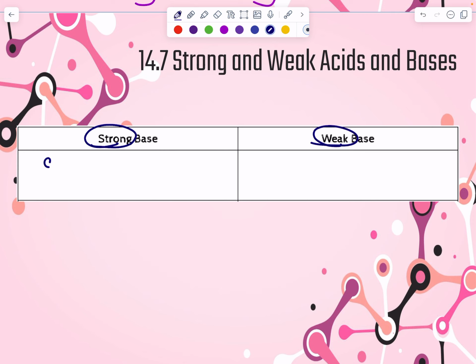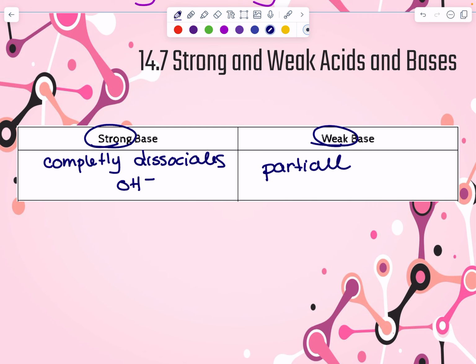A strong base completely dissociates to produce OH minus, and a weak base partially dissociates or reacts with water to make that OH minus, right? So it's all about those arrows.